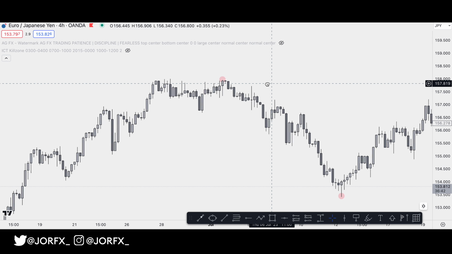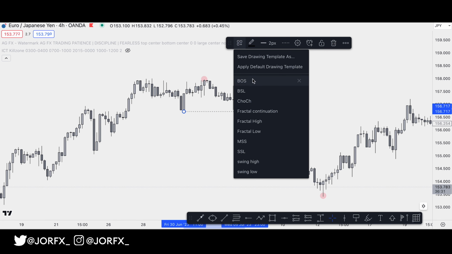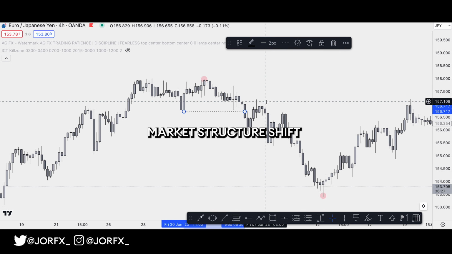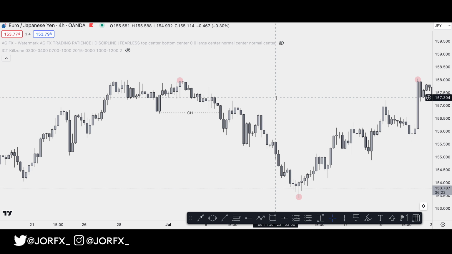Then you want to focus, when you close that trade, on whether we are getting break of structures the other way around. So let's see right here. We have our low that is broken right here. So right now you have a break of structure the other way around, and this is also called a market structure shift or a change of character on the lower time frames. So what do you do right now?